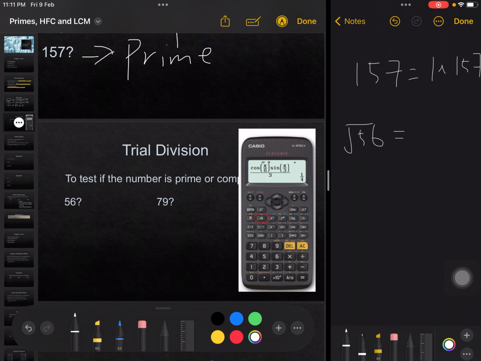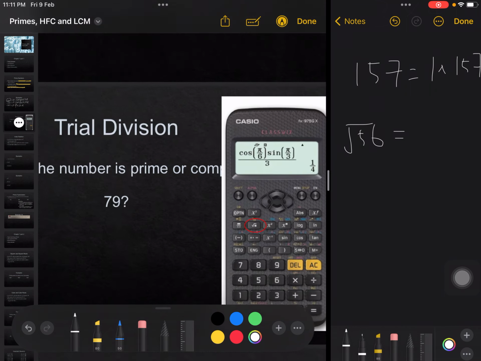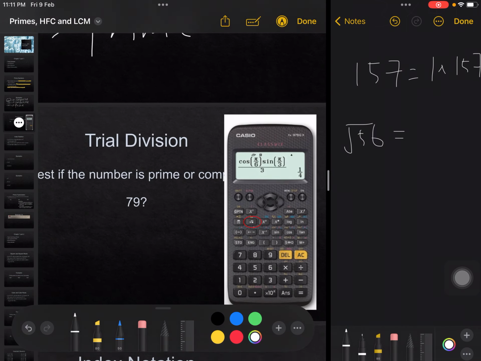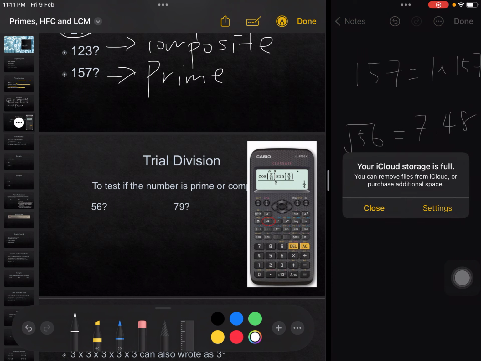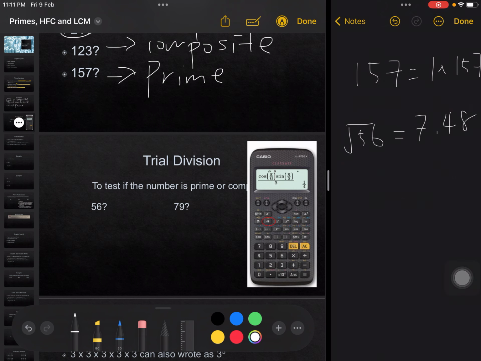The square root is this button on your calculator, if you are using it for the first time. You key that button first, then you press 56. You will get 7.48. So the largest prime number for this case will be 7.